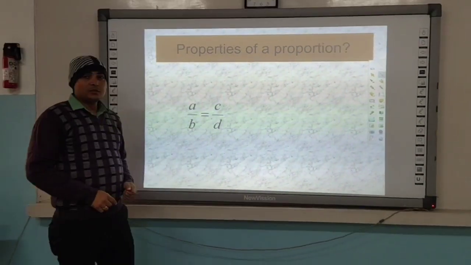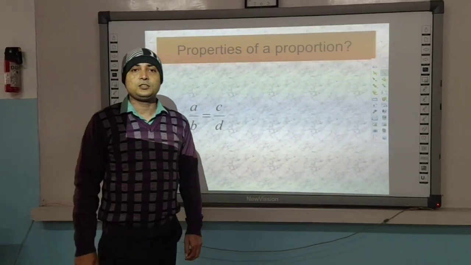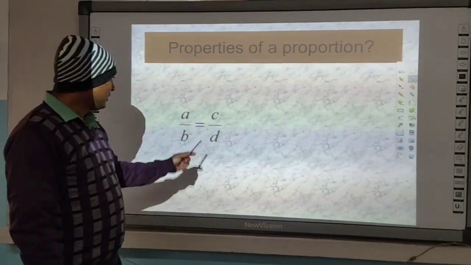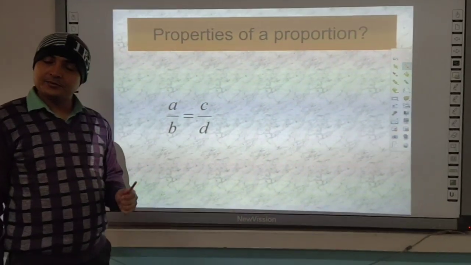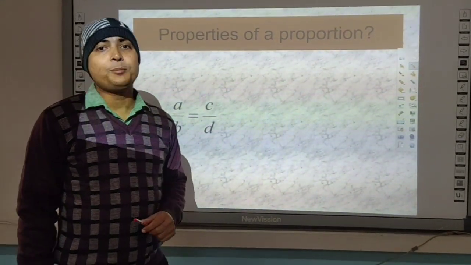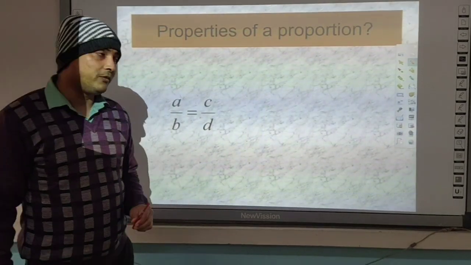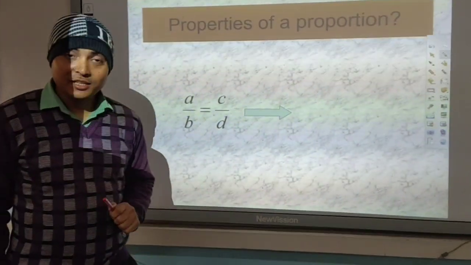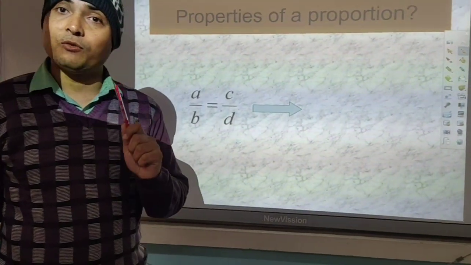We are taking two ratios, A by B the first ratio, C by D the second ratio. As we learned in the cross multiplication property, if we multiply them cross, the products will be equal. Now, one more thing: we can write a proportion in one more way.